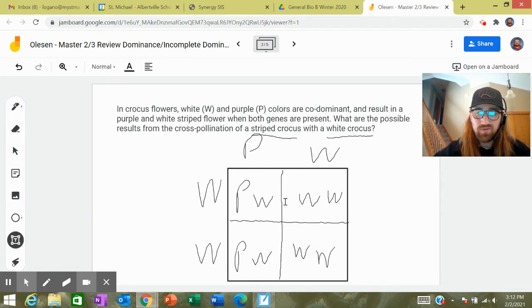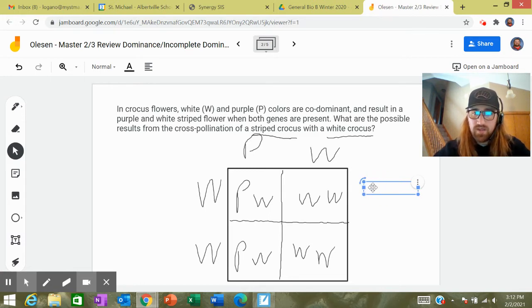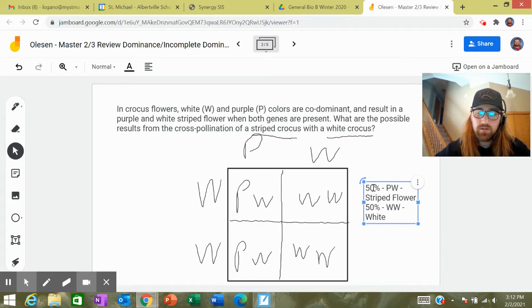And it's going to give us basically the same answer we just had in the last one, but just with different traits. So once again, it's going to give us 50% PW, just to give us that, let's say, striped flower, because I don't want to type in all the traits of it. It's also going to give us that 50% WW, which will give us that white flower.